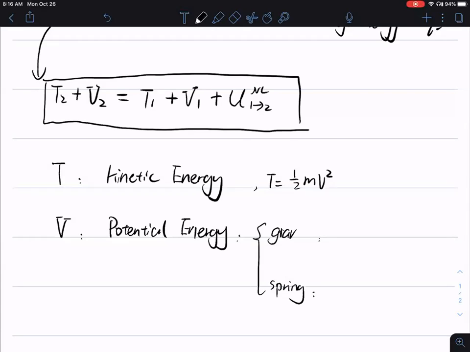And if someone in the basement thinks the basement is the reference point, then the potential energy is the height from this floor to the basement plus the height of that table.